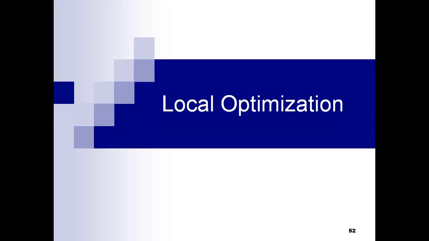Initially, we are constructing the DAGs for the basic blocks, and then we are performing the transformations. That means the optimizations can be done, whether it is peephole optimization, loop optimization, or principal sources of optimization, whatever it may be.